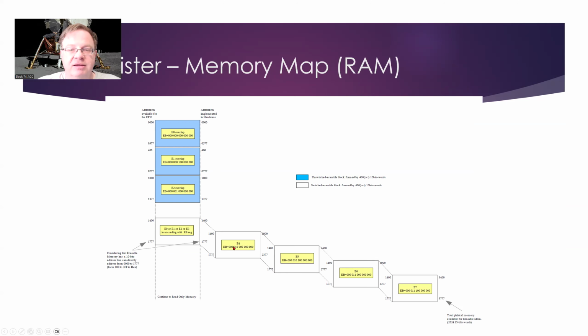But if your eBank register is set to 101, well, now you're only able to access whatever memory is in bank 5, and you can no longer access what's in bank 4, simply because your 10-bit address space, whatever's contained in the lower 10 bits of the S register, is only going to show you what is available based on whatever that bank is set to. So these can all be switched in and out depending on what the computer is doing.